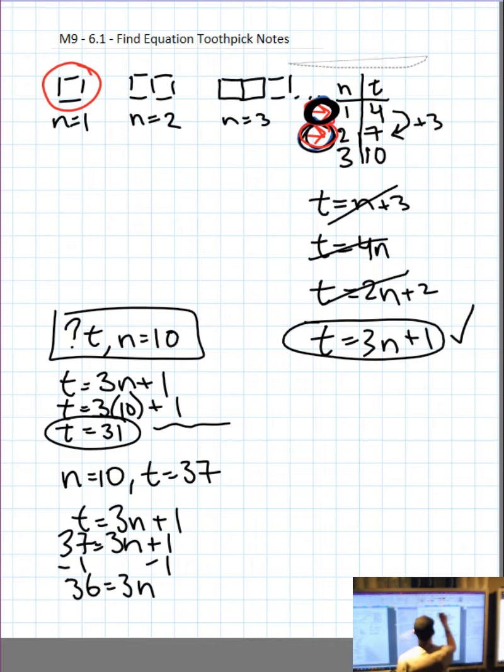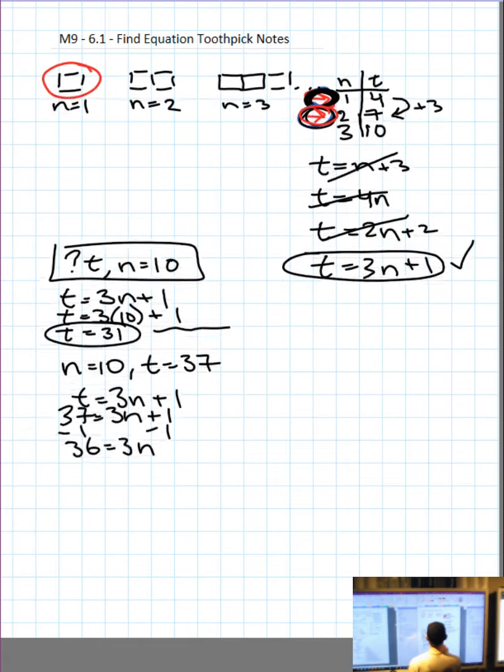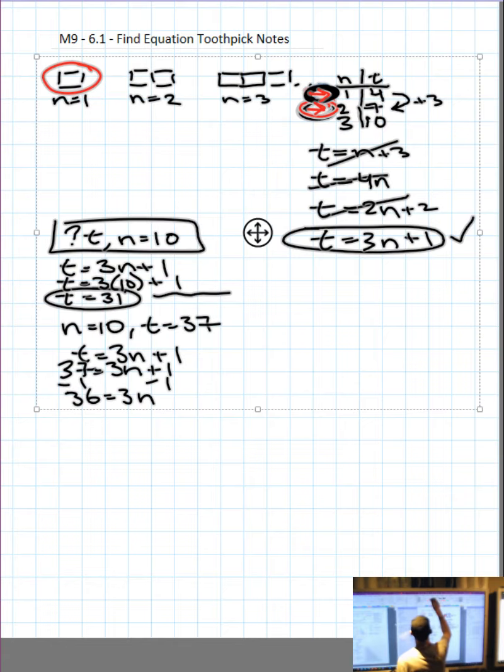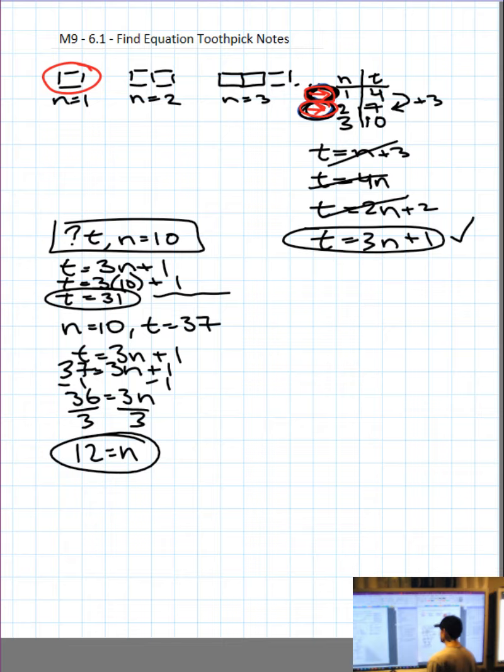So I hope that you are writing smaller than I am. Now we have a coefficient of 3 on the variable. We have to divide both sides by 3. Therefore, 12 equals n. And then answer the question. The 12th diagram has 37 toothpicks.